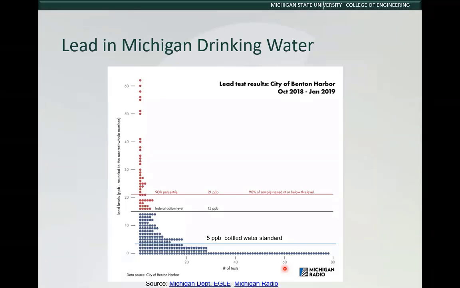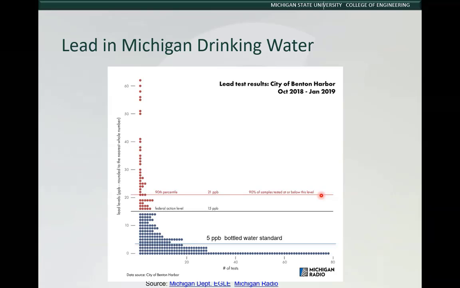This is just another plot, from Benton Harbor. And here's the action level and the 90th percentile. Here in Benton Harbor, it was 21 parts per billion, so it is in excess of that action level.